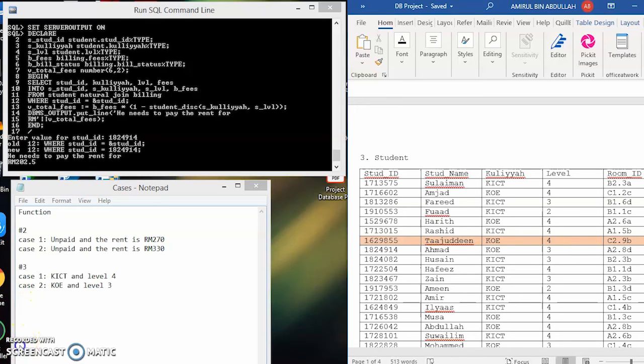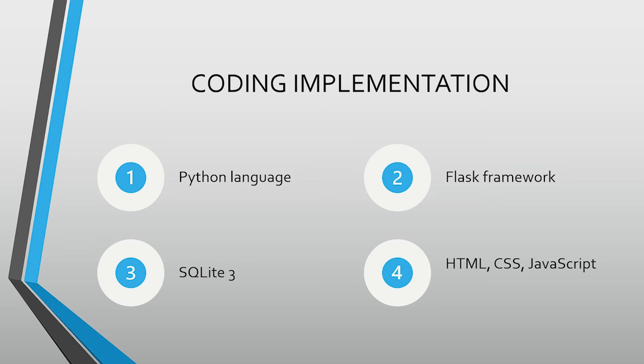Thank you. Hello, I'm Haziz Kana. I will discuss more on the coding implementations and a few web pages for the web application we created. For these coding implementations, we are using the Python language because the syntax is easy to understand and to remember.